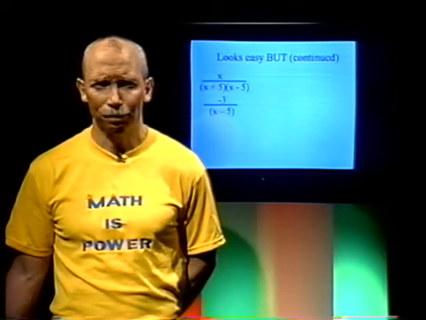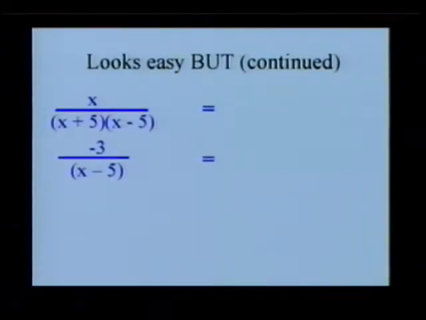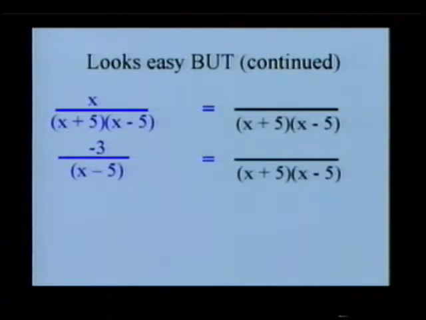Well, let's see. Least common denominator here is going to be x plus 5, x minus 5. As I look at the top, I didn't have to multiply by anything, so I just leave the top the same, and in this case put an x, or you say I multiplied by 1. And in the bottom, I had to multiply by an x plus 5, so I'll do that in the top, getting minus 3x minus 15.